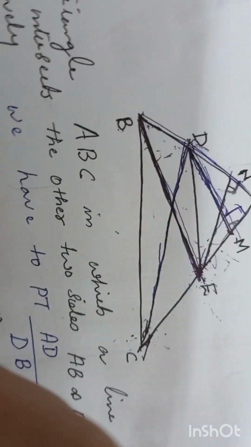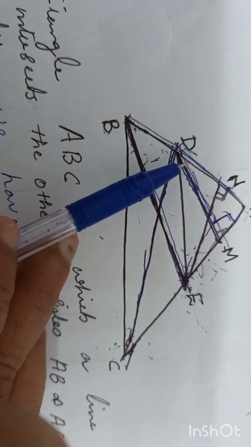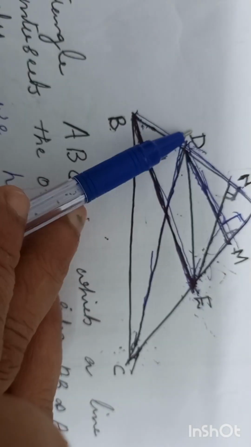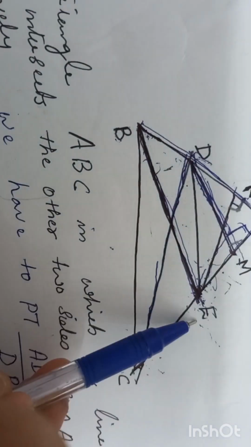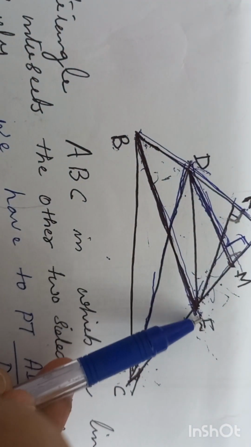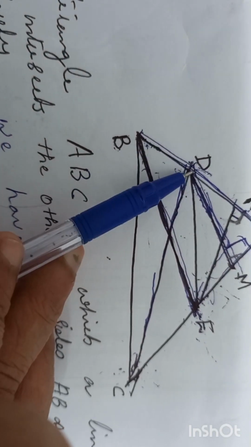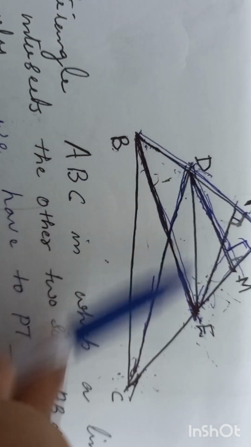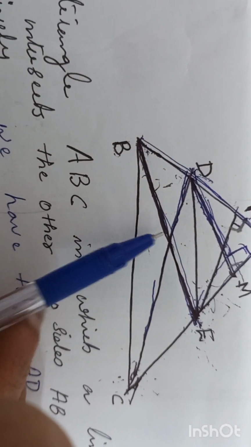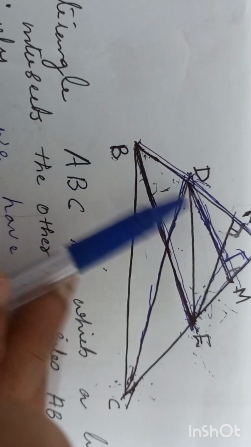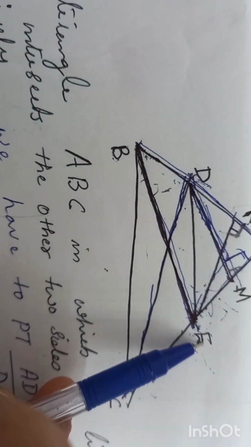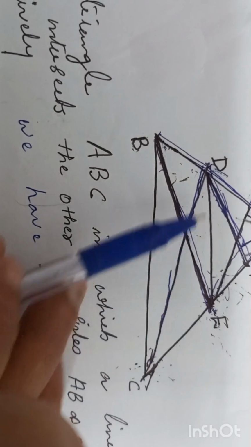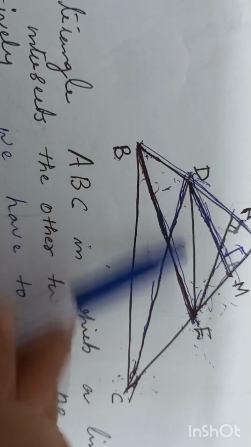In triangles BDE and DEC, they are on the same base. What is the base over here? DE is the base, and between the same parallels DE and BC. So the area of triangles BDE and DEC are equal.